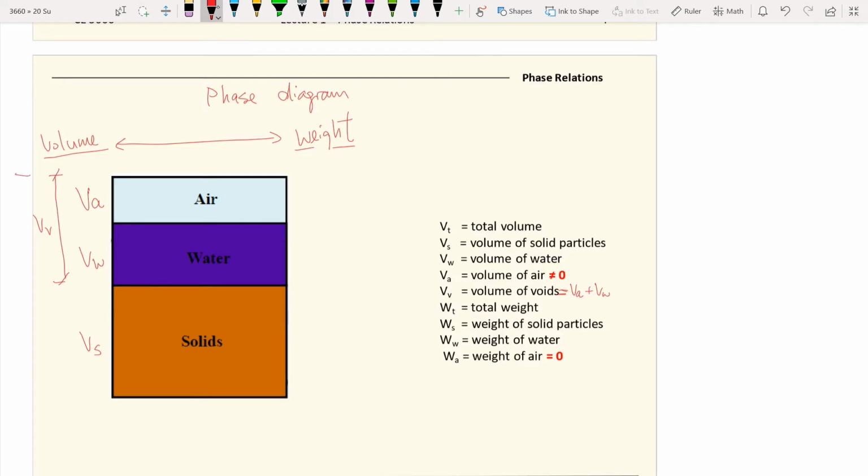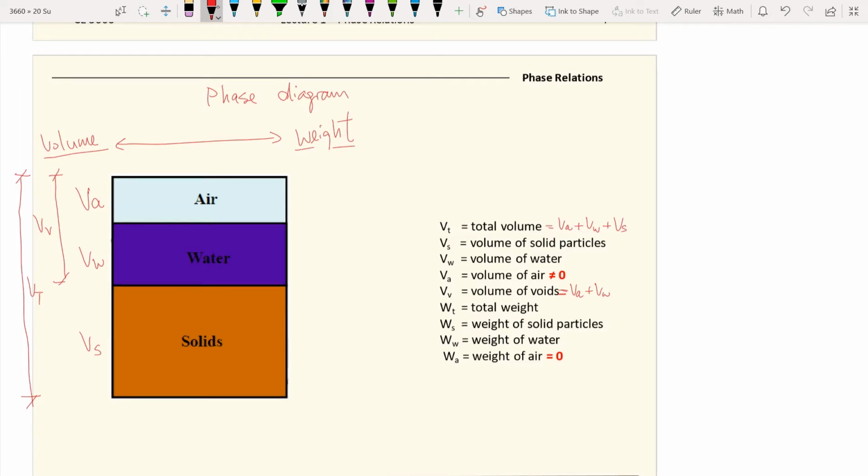And when we make up all these three terms, we have the total volume. So the total volume will be equal to the volume of air plus the volume of water plus the volume of solid. So that is the volume part.